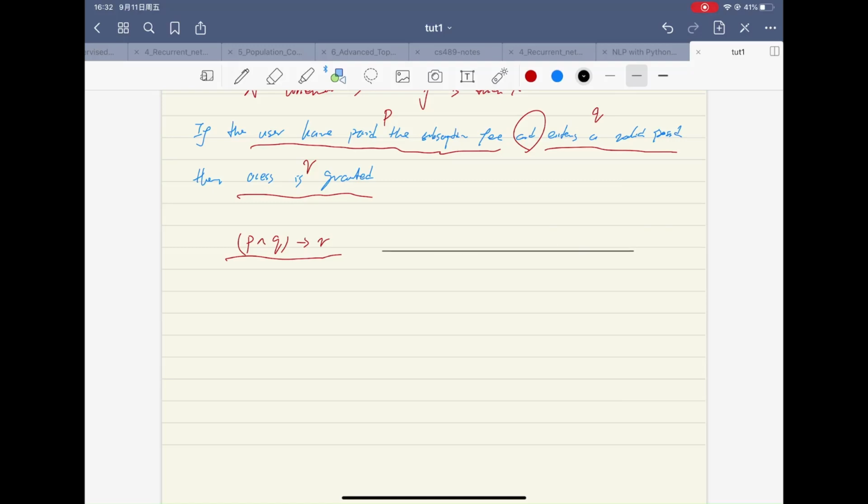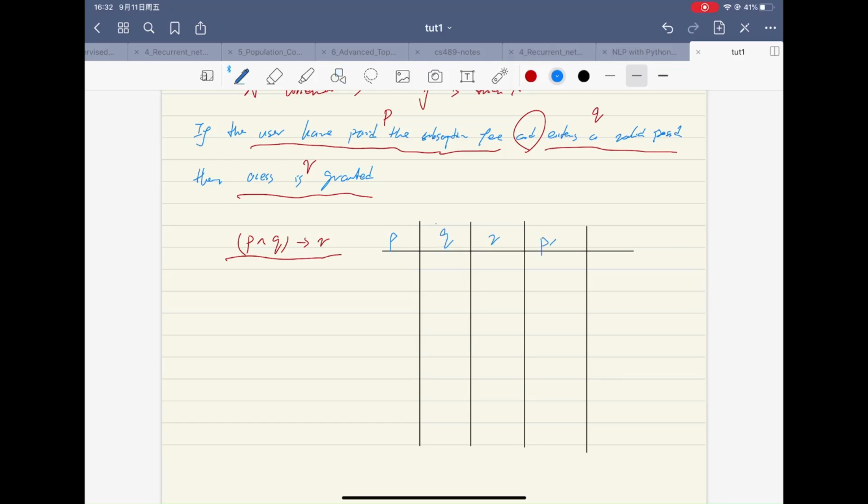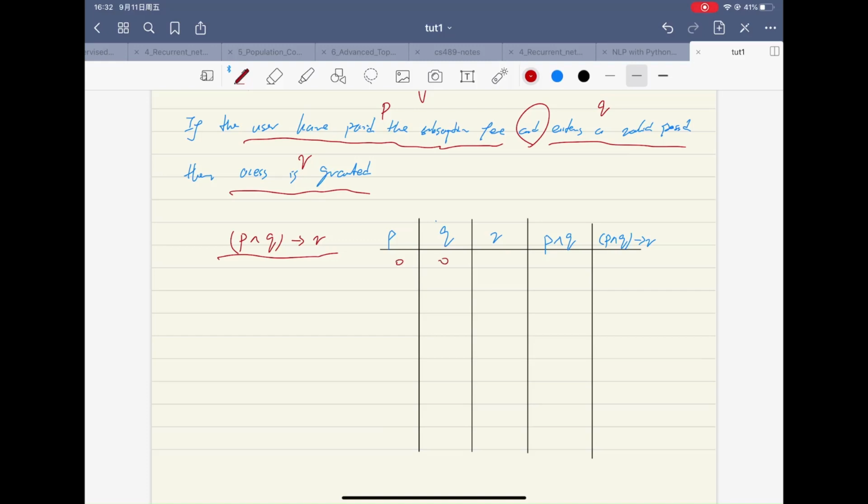P, Q, R, P and Q, P and Q implies R. So we have false, false, false; false, false, true; false, true, false; false, true, true, and so on. 1, 2, 3, 4, 5, 6, 7, 8 rows, right?